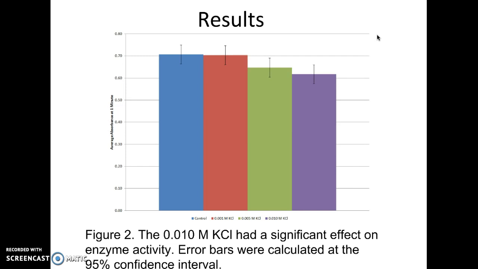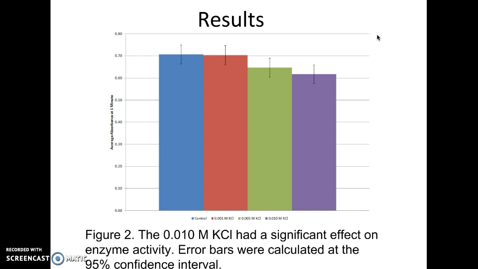This bar graph compares the absorbance of the positive control and all 3 treatments at time 60 seconds. Error bars were added to show the significance between the positive control and all of the treatments in this experiment. From the 95% confidence interval, it was seen that the positive control error bar overlaps with the first 2 treatments, 0.001 molar potassium chloride and 0.005 molar potassium chloride.